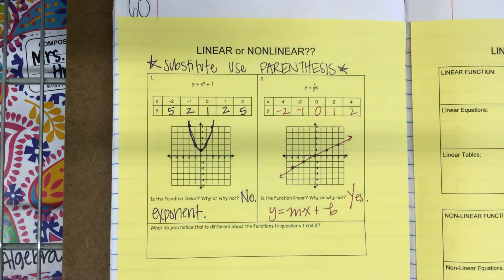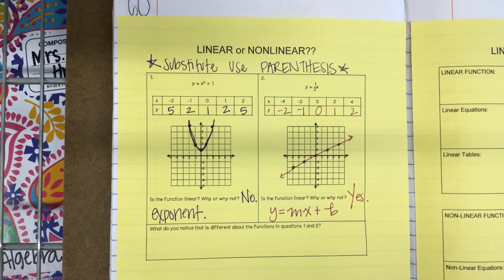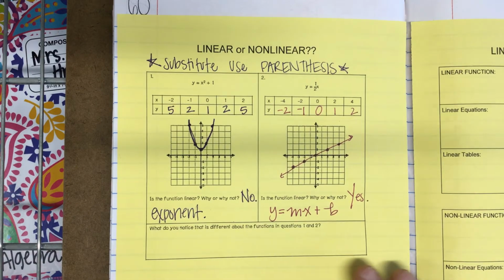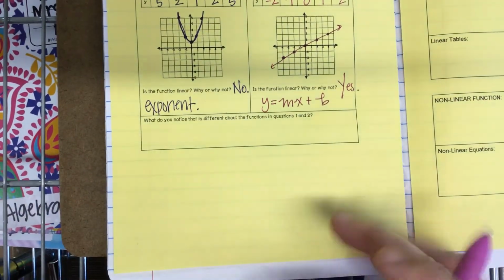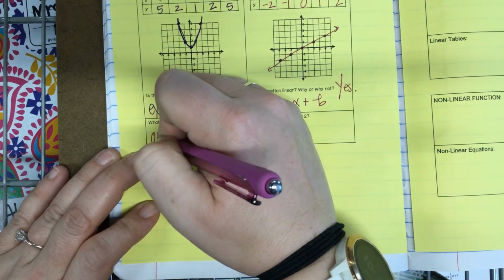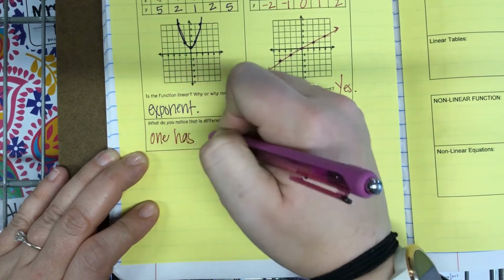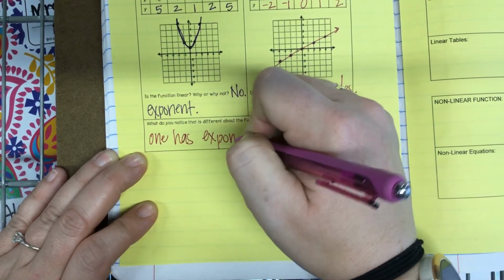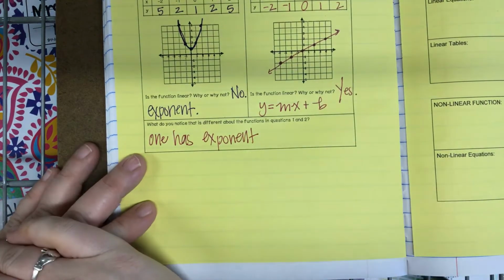What's different about them? One has an exponent and one has a fraction. So, what do we notice that's different about the functions? One has an exponent, right?